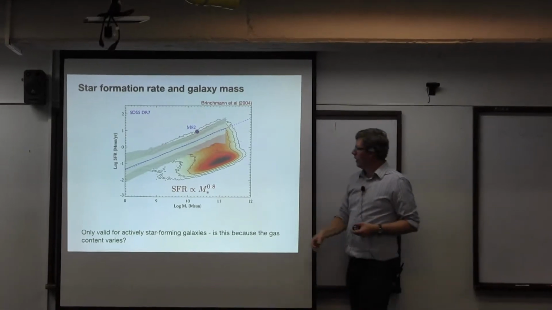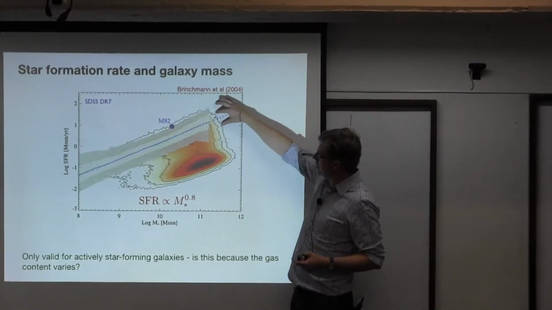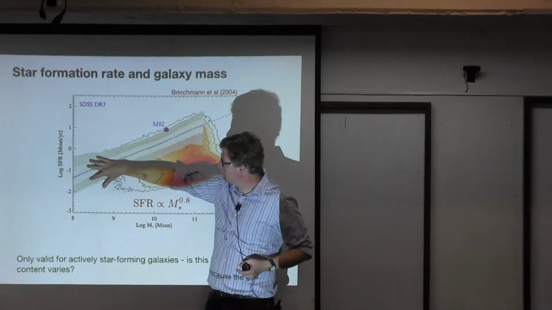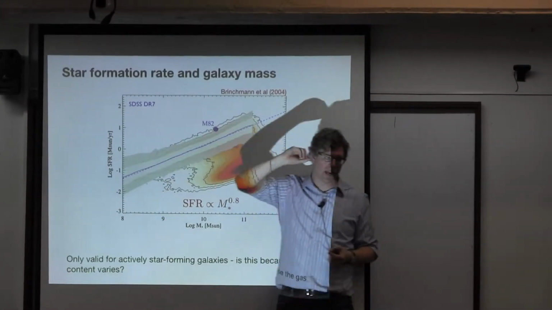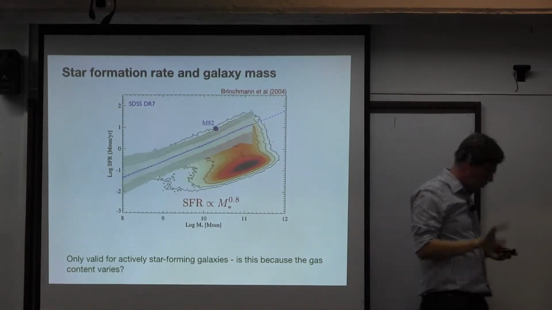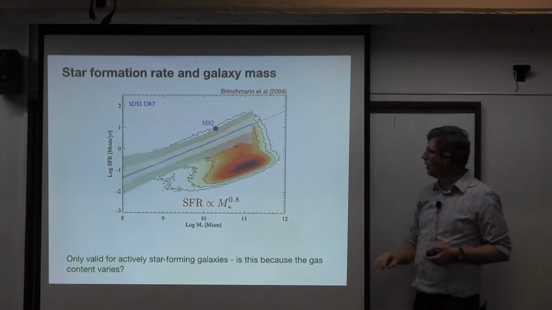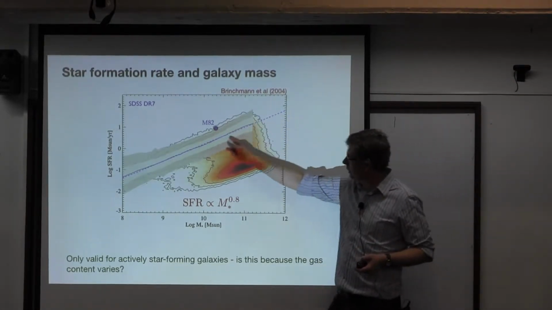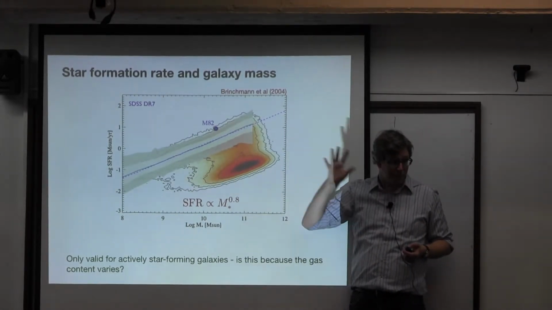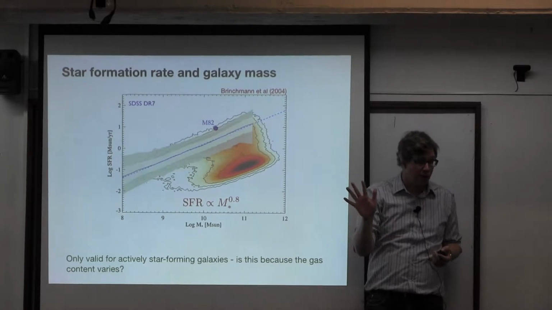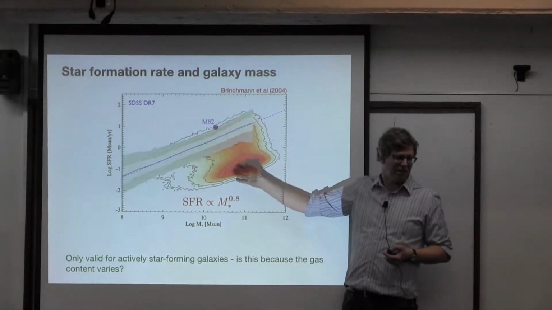And what you see here is there is this remarkable sequence. This thin bright gray shows the scatter around the average line, and the blue is a fit to it. These galaxies are what we call the red sequence, the elliptical galaxies. They don't form stars, so these are upper limits.